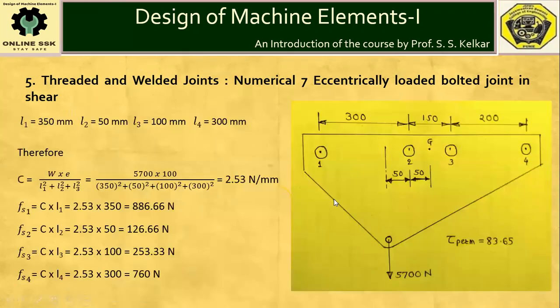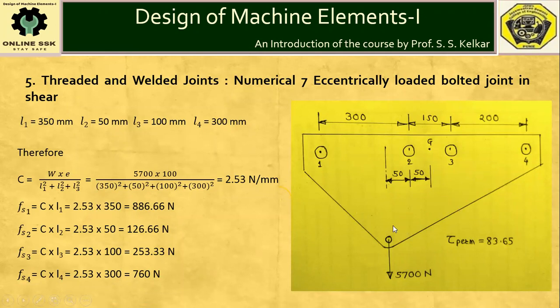rotation of the bracket in opposite sense to the sense caused due to applied load. Now here you can note that applied load will try to rotate the bracket in anti-clockwise sense. Generally, we have come across numericals wherein the applied load was causing clockwise movement of the bracket.